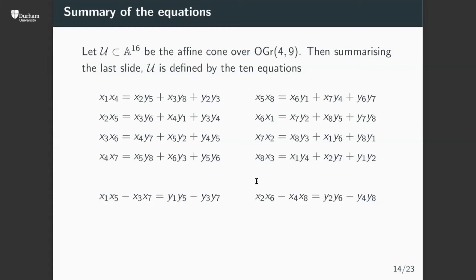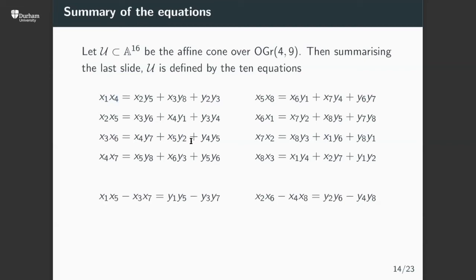And so what's nice about these equations is that if I set the yi's all equal to 1, then I precisely get the Lyness recurrence relation back for d equals 3. So here, if I'm ignoring all of the yi variables, I've got the equation x1 x4 is x2 plus x3 plus 1, which was precisely my Lyness recurrence.